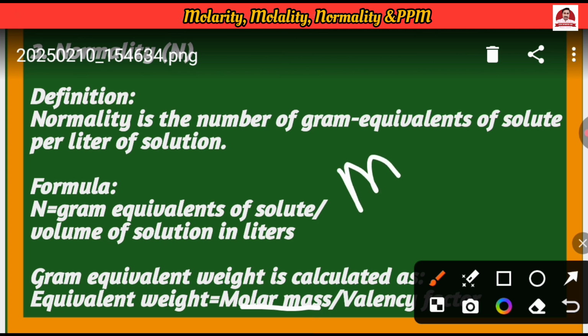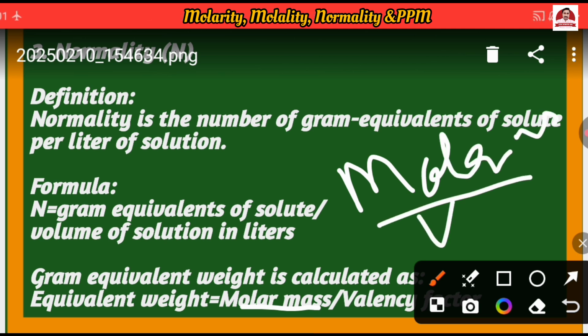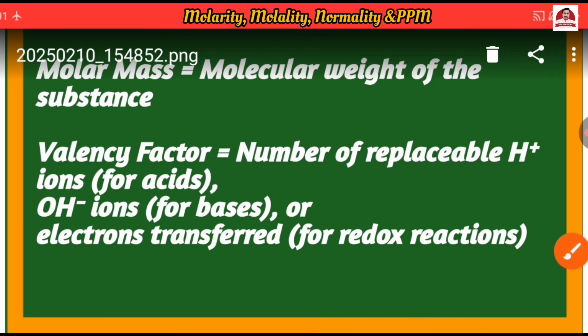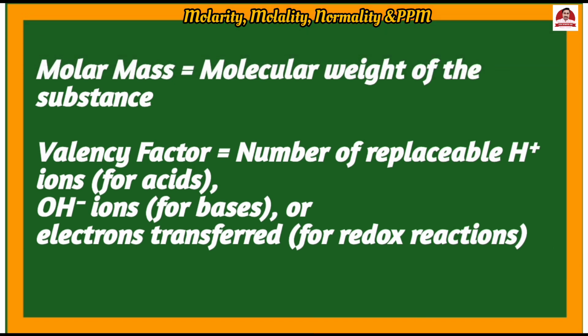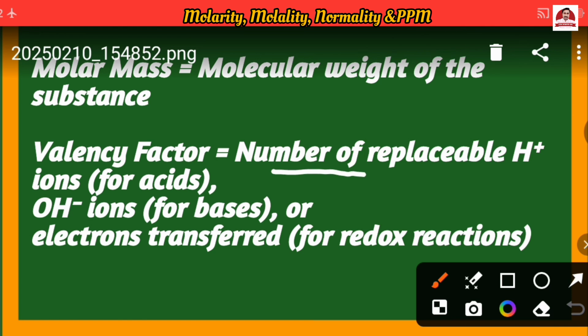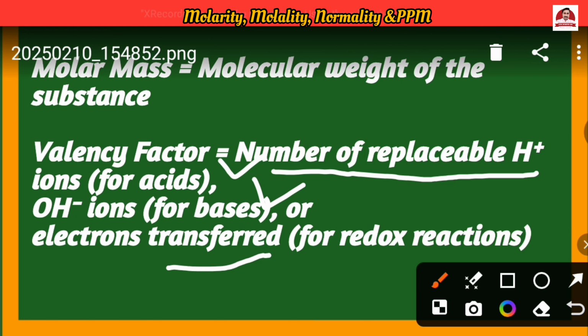Molar mass is the molecular weight of a substance, and the valency factor is the number of replaceable hydrogen ions in acids, hydroxide ions in bases, and electron transfer in redox chemical reactions. This is the valency factor.